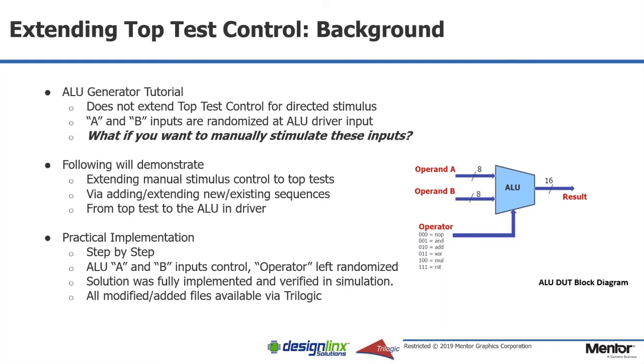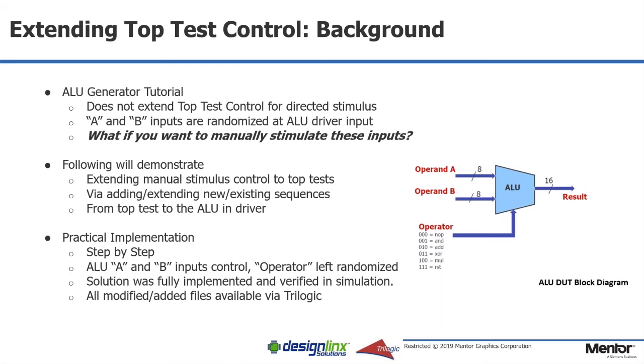By demonstration, I'll show you how to have a solution for one of those issues, and that's top test control. So what we're going to do is take the operand A and B input, and we're going to extend it to the top level test area so that you can manually tickle those bits.